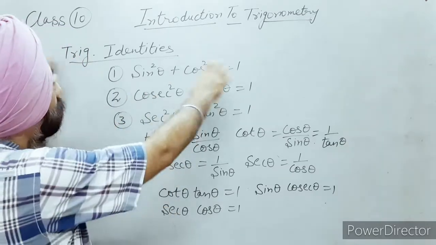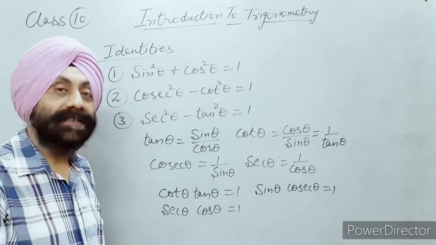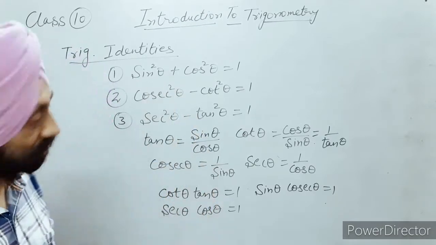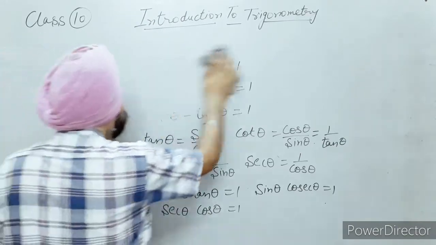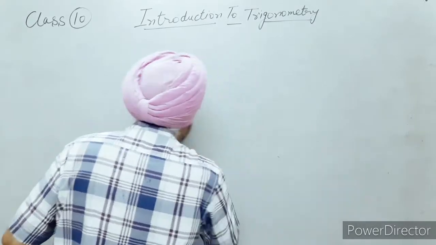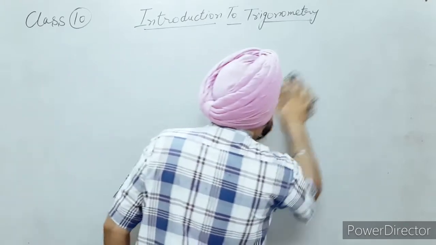Now I have written them here. These will be applied in the problem sums which we will just start in this lecture. Go through these identities, remember these identities. Even the concept of complementary angles will be applied somewhere in a few questions, right?